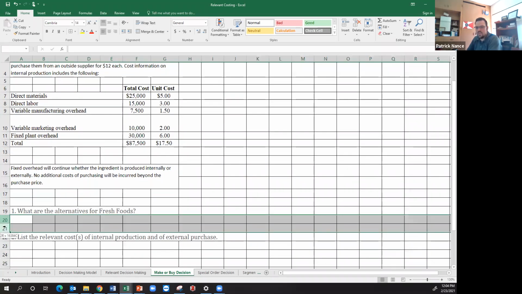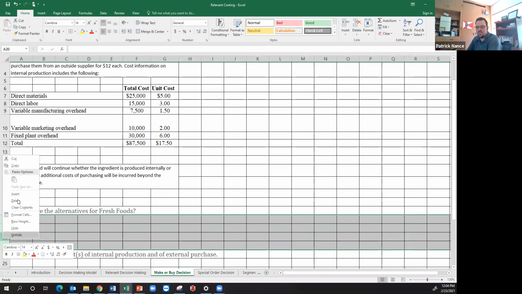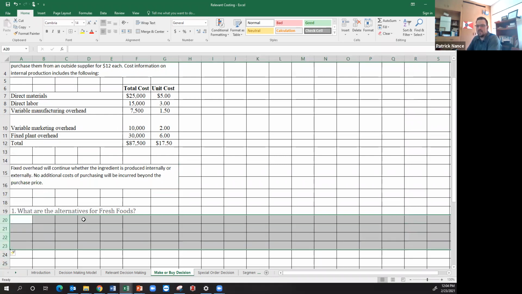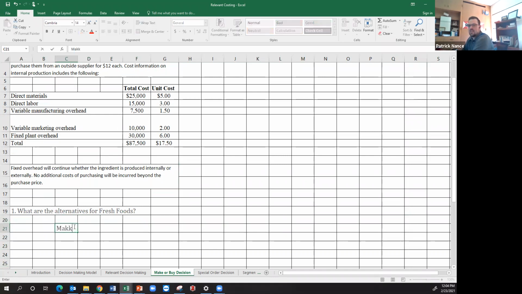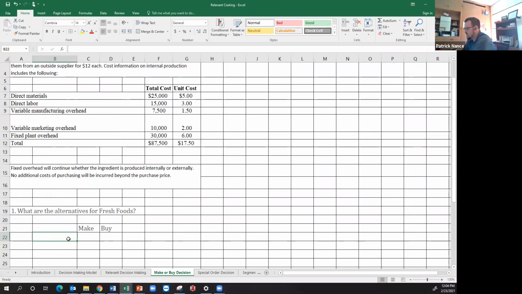So what are the alternatives for Fresh Foods? Well, the two alternatives are make or buy. So I'll start a table here so we can make the product or we can buy the product. And what are my product costs involved if I choose to do one versus the other? So I would have direct materials cost.